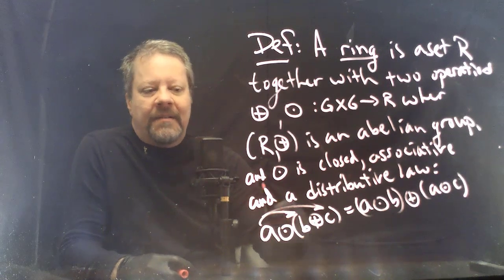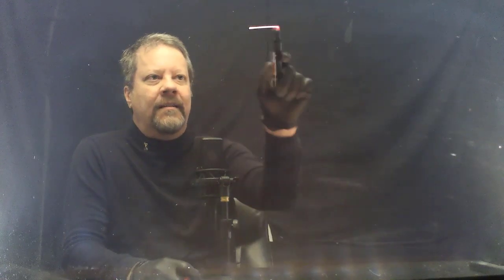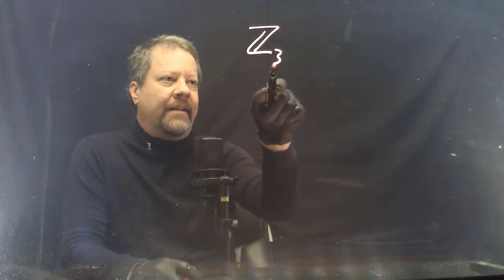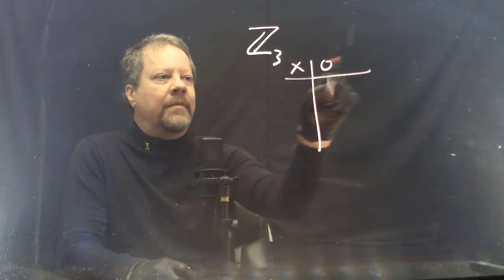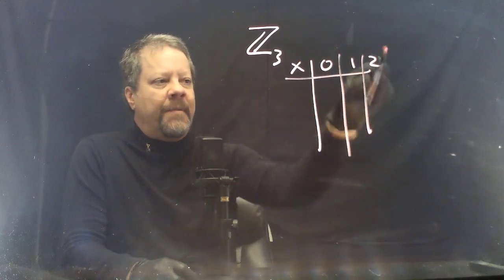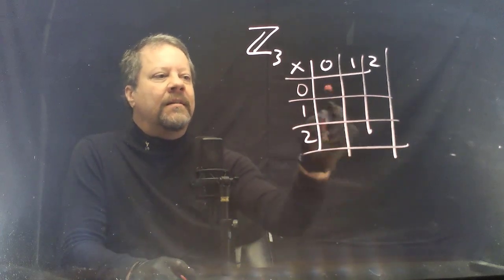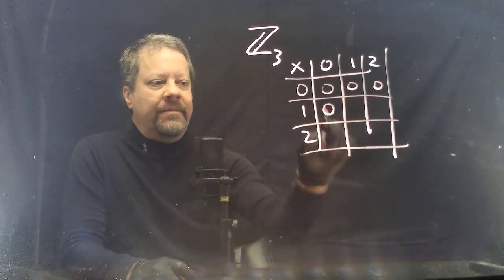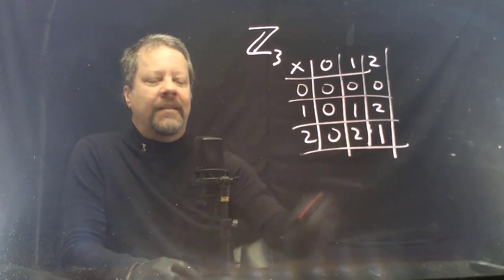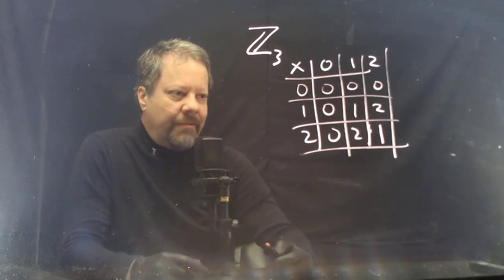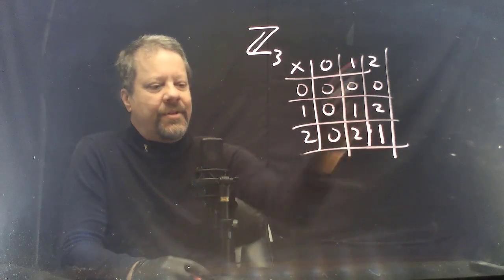So let me give you an example of a ring. Z3 is a ring. Let's look at the multiplication table in particular. Remember, Z3 only has numbers 0, 1, and 2. 0 times anything is 0. 1 times anything is itself. 2 times 2 is 1 under the modular arithmetic.